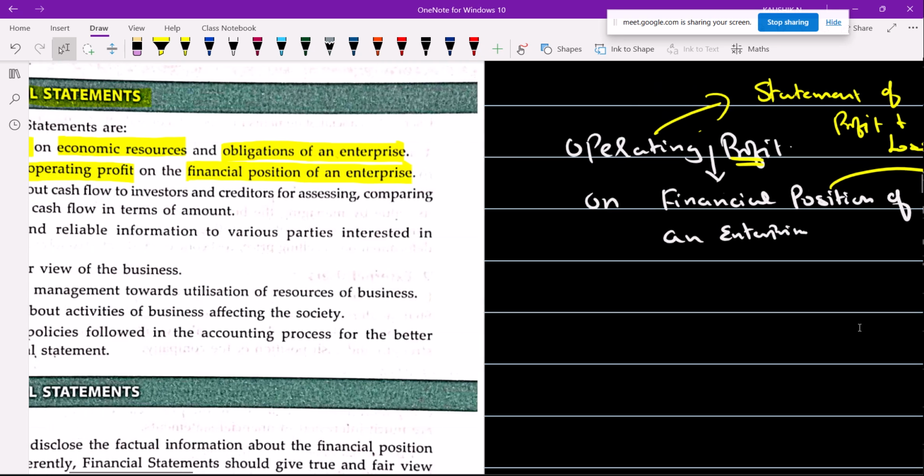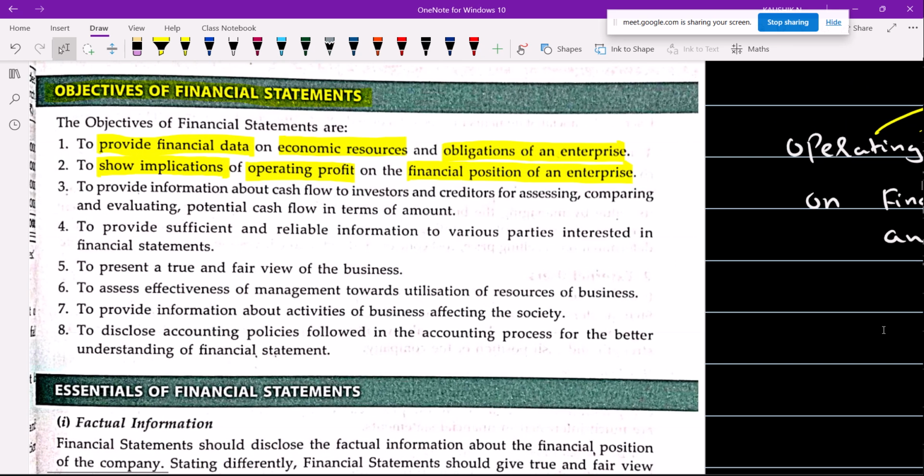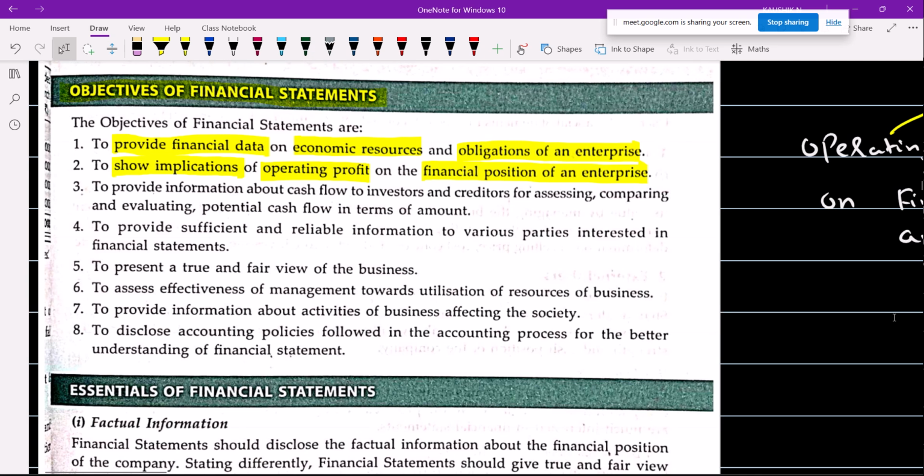Hope it is clear what the impact is. So your financial statement will give the impact because from the statement of P&L we are transferring to your balance sheet. That's a sequence, right? So in that way it is getting connected. It shows the impact of your operating profit on the financial position of an enterprise.